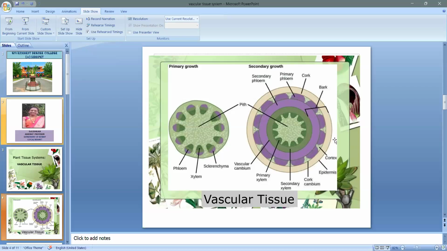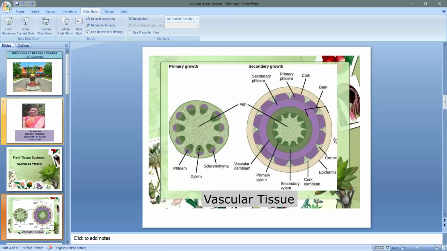In certain plants, the vascular bundles remain scattered in a well-defined pith. Such bundles are called medullary bundles, those having the center part filled with pith.